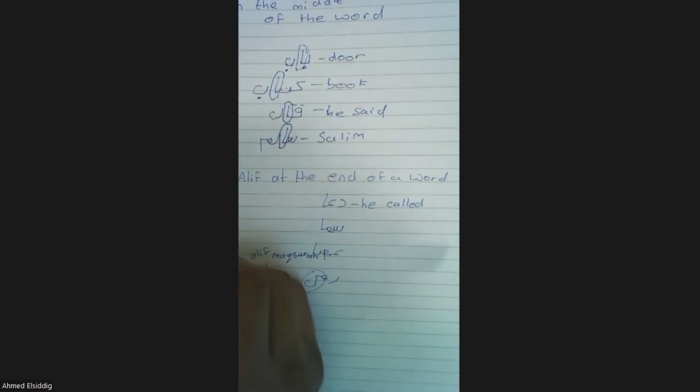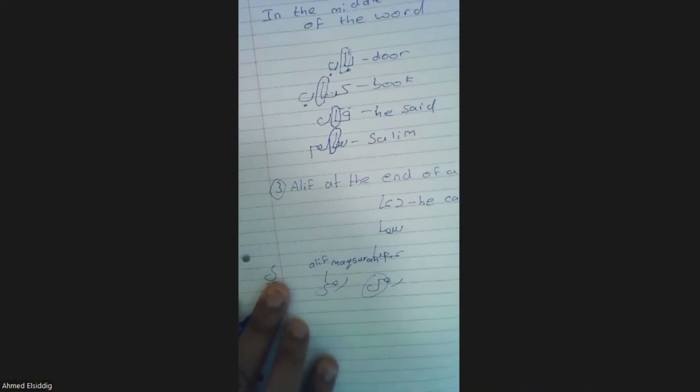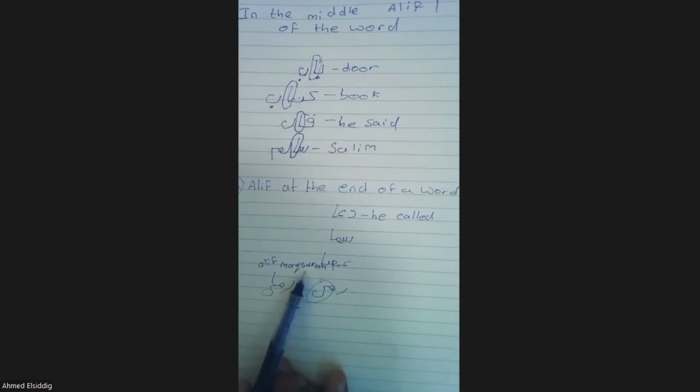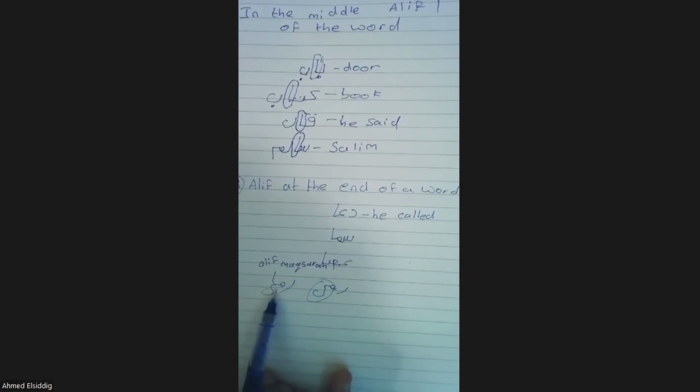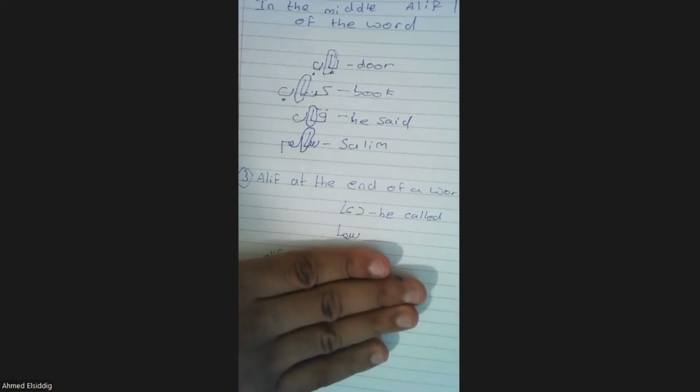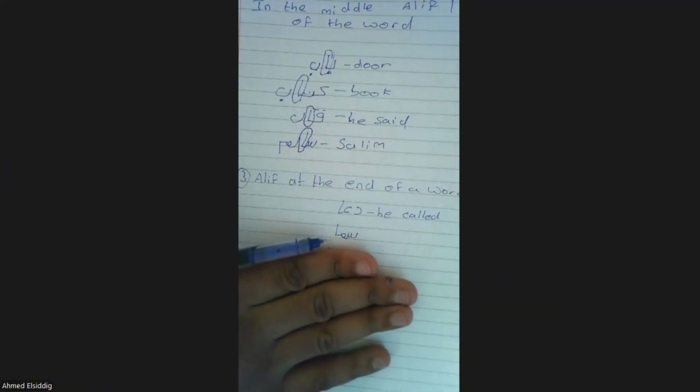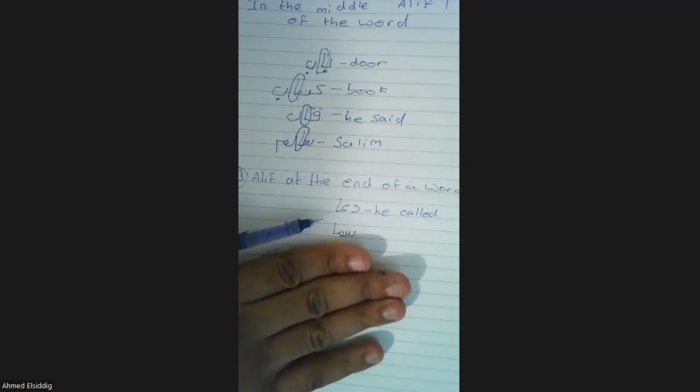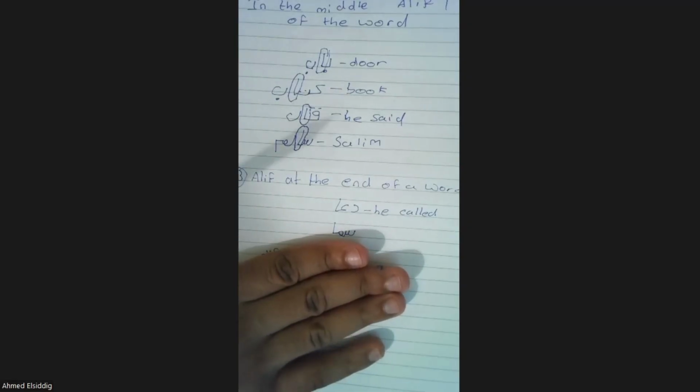As we know, ya looks like this, but without the two dots. So this is called alif maqsura. It can also be like this, but regularly you will not see this, maybe 1 in 100. Normally it will be like this: sama. It will connect to the last letter, but there's no letter after it. You can also say da, right?